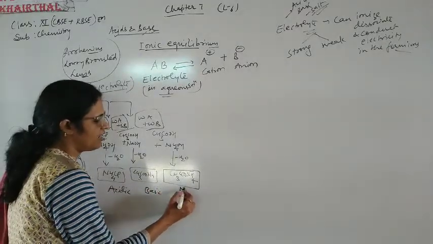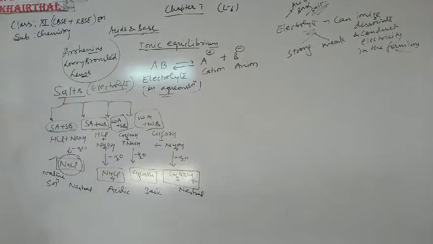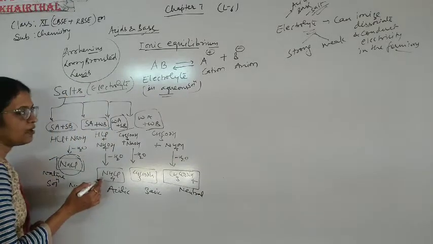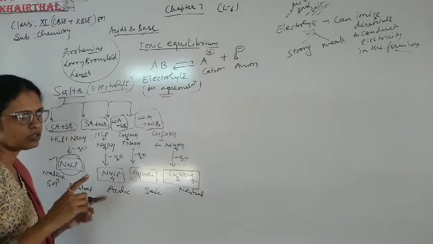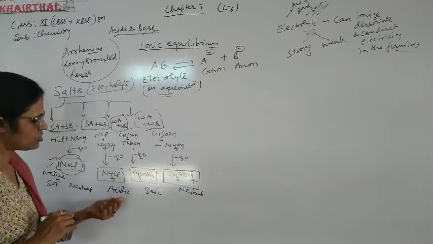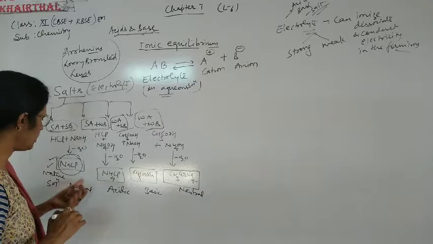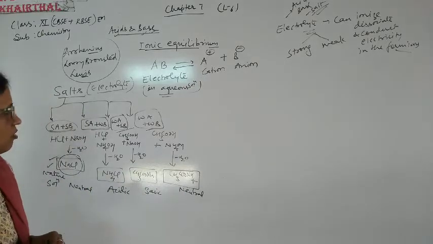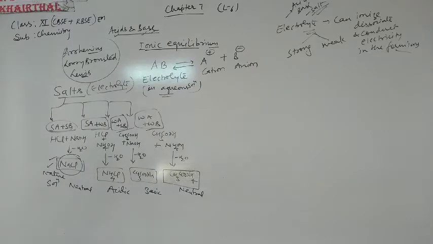And here again the solution will be neutral. So whichever part of an electrolyte is strong, the nature of the solution will be like that. Here acid is strong, so it is acidic. Base is strong, so it is basic. It is neutral, and it is again neutral. So these are the types of salts. Clear?